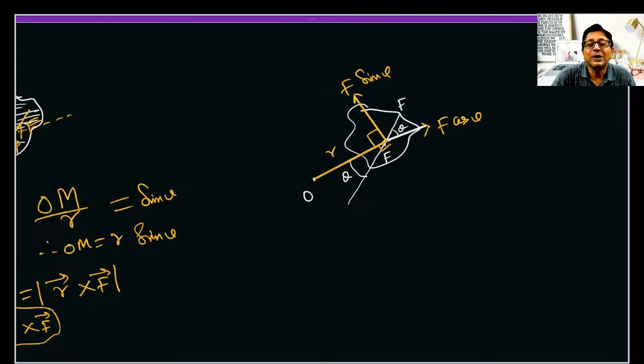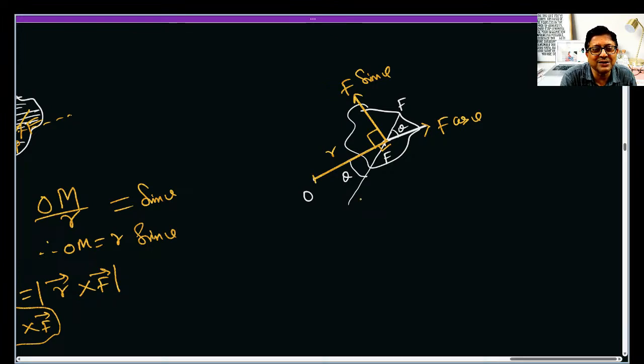Now tell me, what is the effect of this force on the rigid body? It will rotate in what direction? If this is the rigid body and you are considering the point O here, and I keep this rigid body fixed, in what direction will it rotate by the action of this force? It will not rotate due to F cos theta. F cos theta has no contribution.